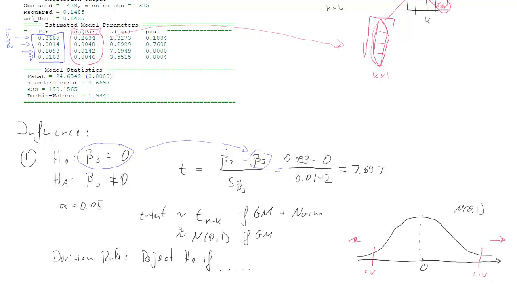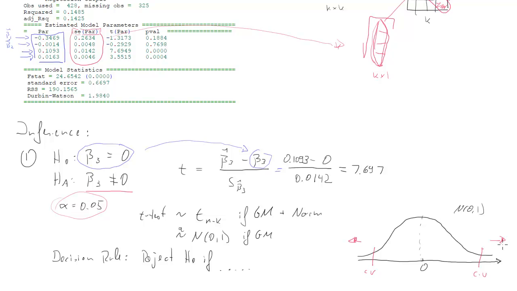How do we determine the critical values? That's what we use the alpha for. Basically, we want the critical values to cut off alpha % from our distribution. Since we have a two-tailed test, as we can see from the alternative hypothesis, we will have to divide that alpha into both tails.